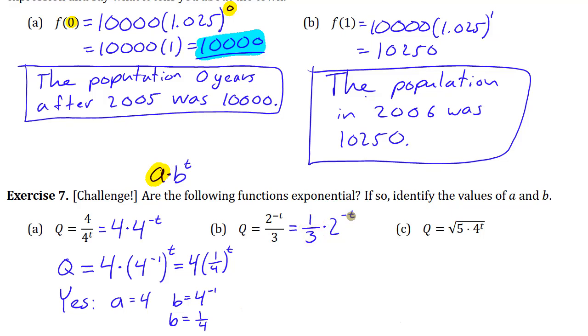So that's part of it. But then we still have the negative t problem. So I'm going to write that as, like the same trick as before, 2 to the negative 1, and then that to the t. And you could also write this 2 to the negative 1 is the same thing as 1 divided by 2 to the 1, like so.